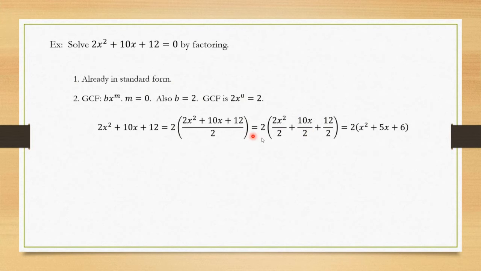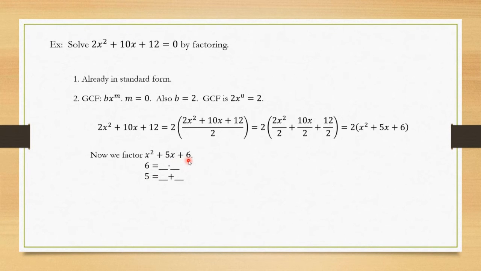All right. So anyway, by factoring out the GCF, we have x squared plus 5x plus 6 to deal with. The leading coefficient is 1 and its degree is 2. So really, it's just like the first one where we want two numbers whose product is 6 and whose sum is 5.